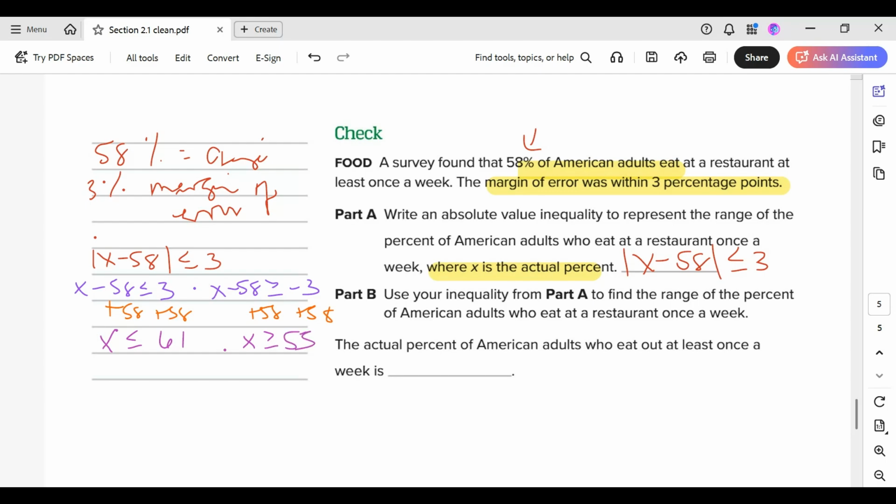So for our solution set, it means that we are between 55 and 61. So we're going to say set builder notation, x where 55 is less than or equal to x, less than or equal to 61. And then we close our set.